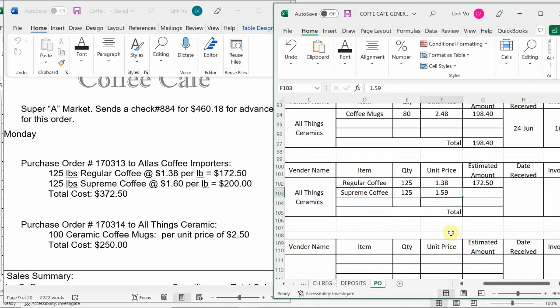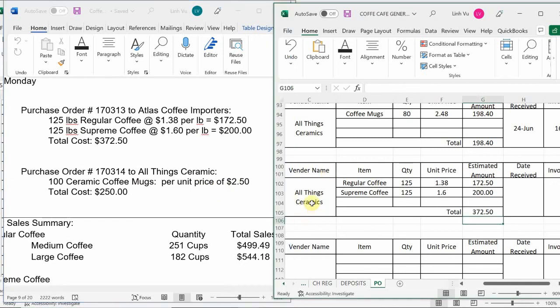And then we also have the Supreme Coffee, and that's 200 even, for 372.50. Yes. And then what else did we order?